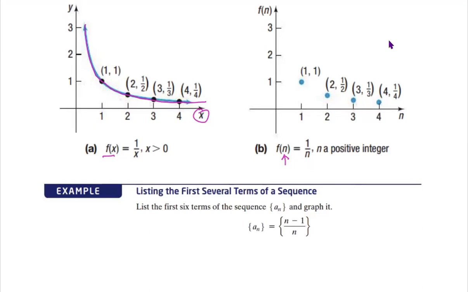You can graph it, but it's going to be dots for each value of n. You can get negative or positive values when you plug in n. The only thing you need to know is that when working with sequences, the input must be a positive integer.